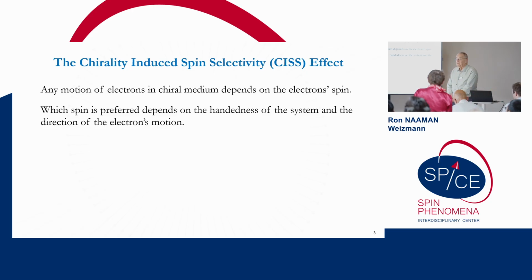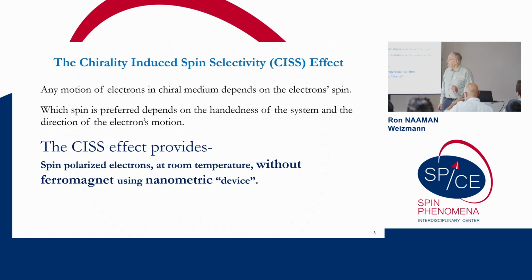Which spin is preferred depends on the handedness of the system and the direction of motion of the electrons. So basically what we have at the end is a spin polarizer that can supply us with spin-polarized electrons on a nanoscale without a magnet.